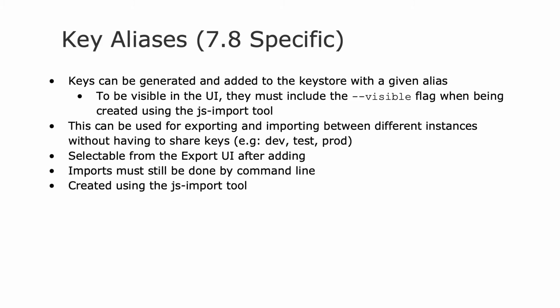So we also have key aliases, which is something that's new to 7.8. Basically, we've augmented our existing import and export scripts such that you can import different keys or generate them and provide an alias. This works really well in a dev to test to production environment setting, where you can have a different key with a different alias.